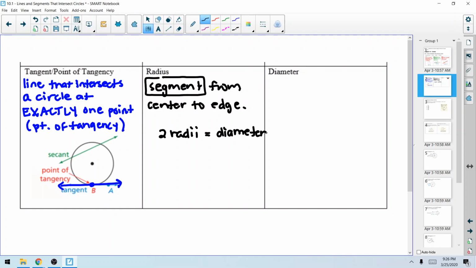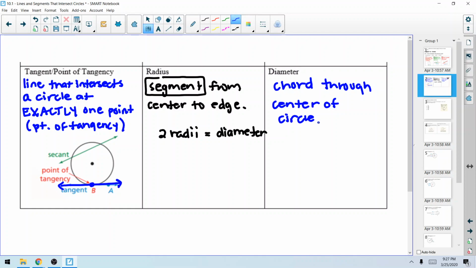Okay, which brings us to a diameter, which is a chord through center of circle.